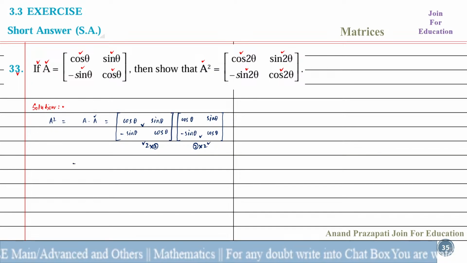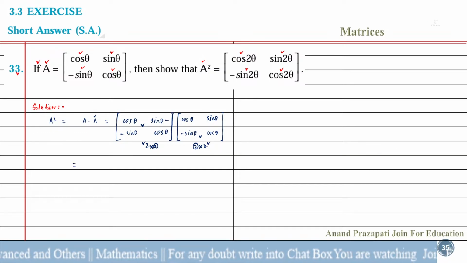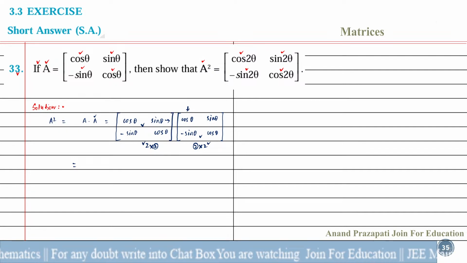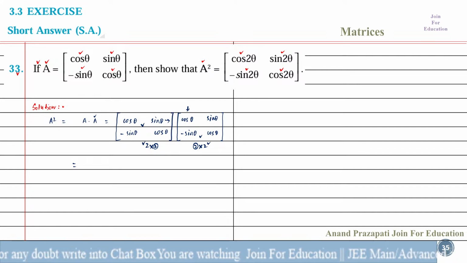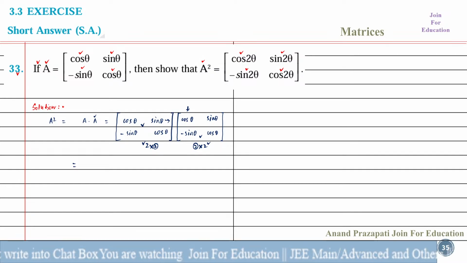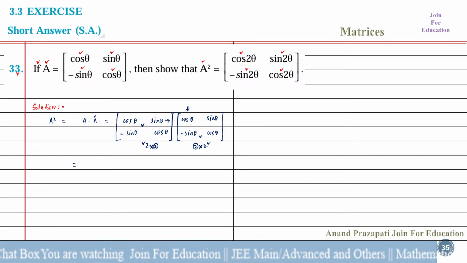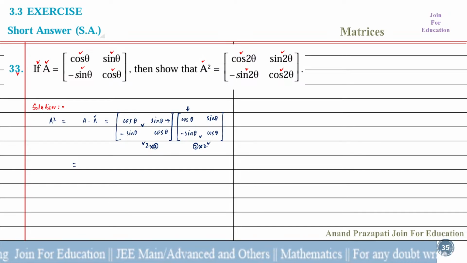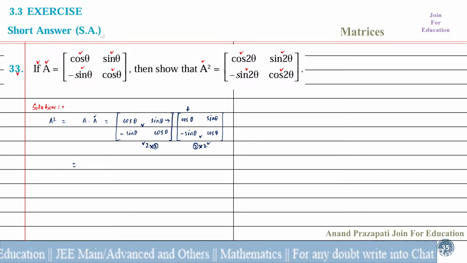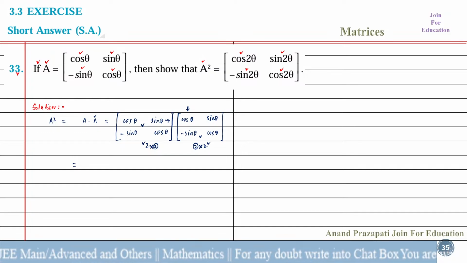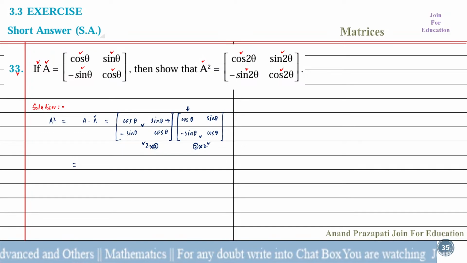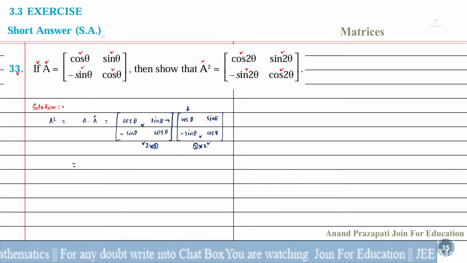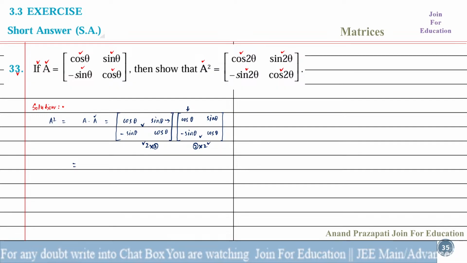So let's see here, first row along first column, then we get cos square theta plus minus sin square theta equal to cos square theta minus sin square theta.